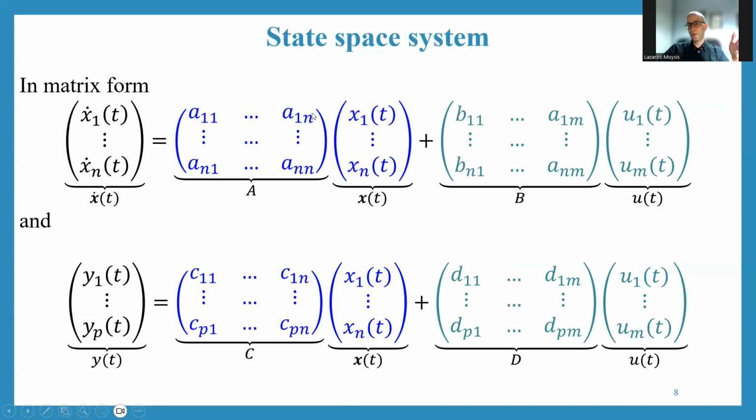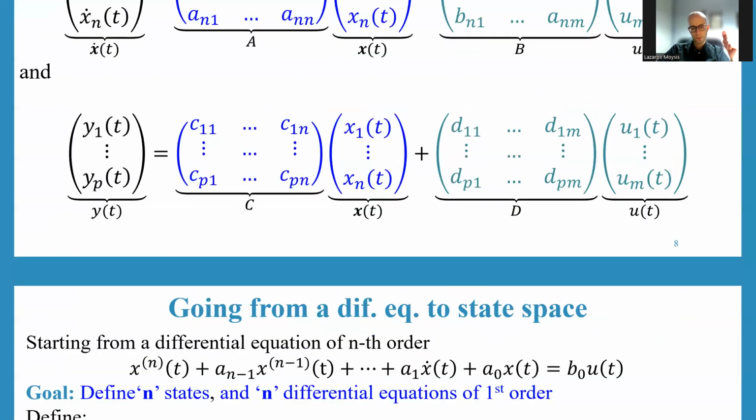In this way, I can define the state vector, which is the set of all the states, the input vector, which is the set of all inputs, the output vector, which is y1 up to yp, and then the appropriate matrices A, B, C, and D, right? So this is the idea, to somehow find a way to obtain this description, because afterwards, we can do all our analysis using A, B, C, and D matrices, right?